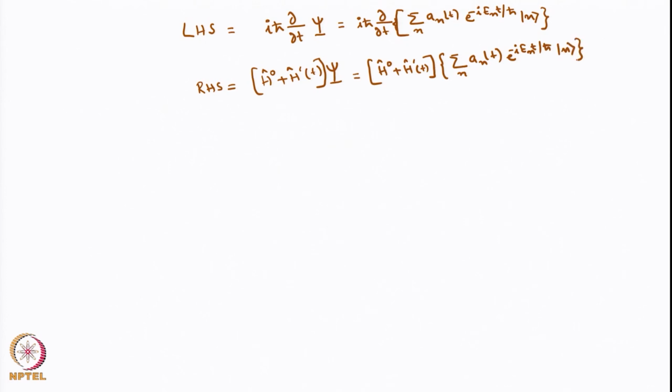Okay. So, after expanding this that we looked at in the last class, we come up with the expression a n dot of t, i h bar e to the power of minus i E n t by h bar ket n equals sigma over n a n of t, H prime of t acting on e to the power of minus i E n t by h bar ket n.